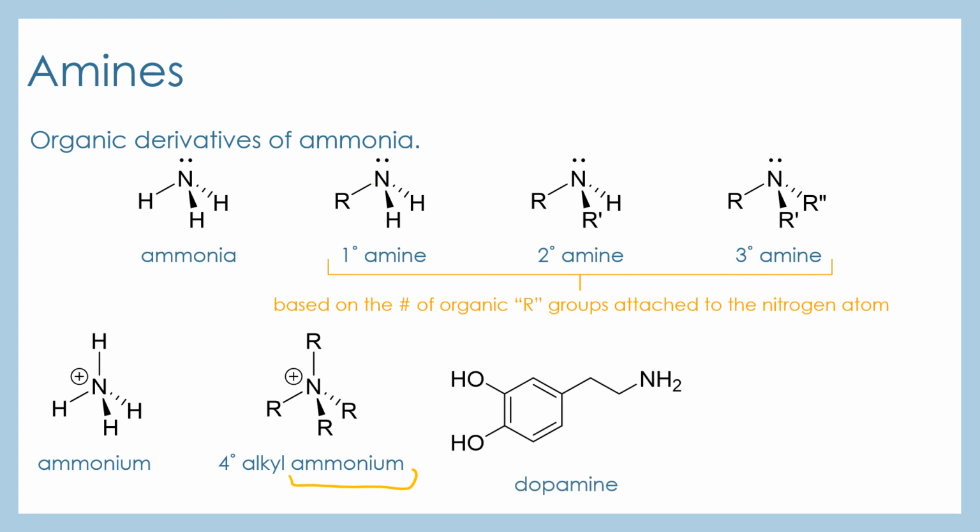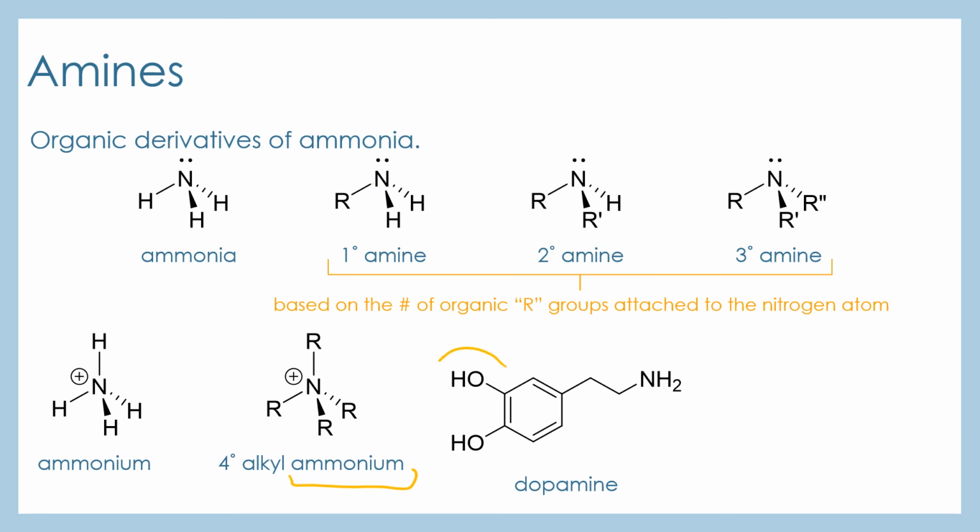Here's a good example of an amine. This is dopamine. This is a primary amine because the carbon that's attached to nitrogen is the only carbon attached to nitrogen. And then there are 2 hydrogens. So since nitrogen only has 1 bond to a carbon, it is a primary amine.